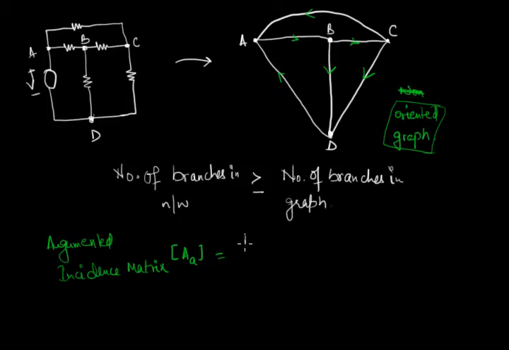There are four nodes: a, b, c and d. How many branches are there? We will define the branches as well: 1, 2, 3, 4, 5 and 6. Okay, let's make the matrix out of them.